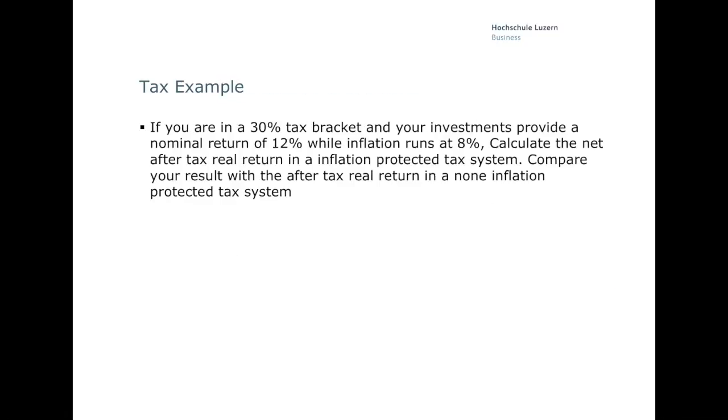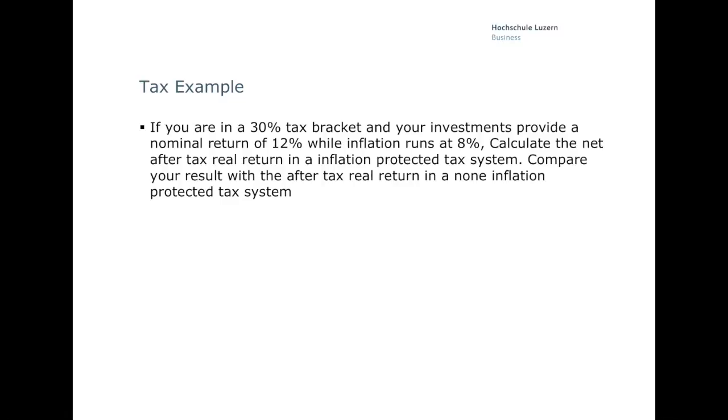The best way to understand the difference between the tax systems is to do a tax example. In an inflation-protected tax system, the tax liability is only due on the real interest rate. In a non-inflation protected tax system, the tax liability is due on the real interest rate and on the inflation.